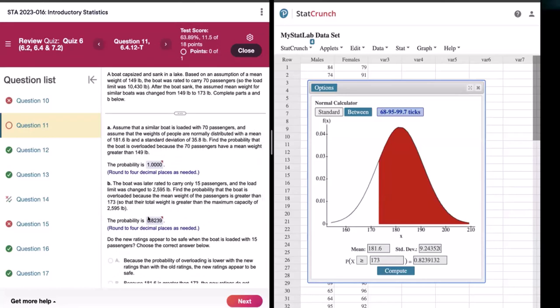Here it says, assume the weights of people are normally distributed. If they're normally distributed, and this is their mean and their standard deviation, that's of the population. So the population in this case would be the 70 passengers, but the sample of the people on the boat is not given.